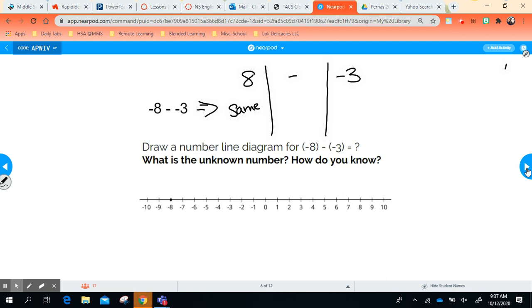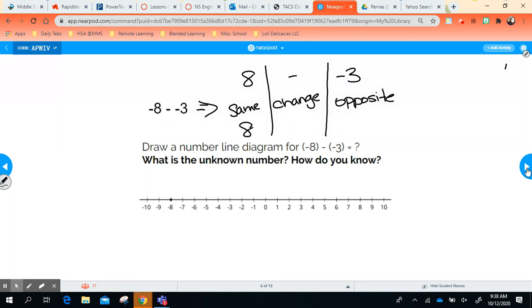For my sign, I'm going to switch it to addition. And my second number, I'm going to do the opposite. So I want to do "and the opposite of." So make sure you have this written down. Same for those of you at home. So now I'm going to do it. So my 8 stays the same.